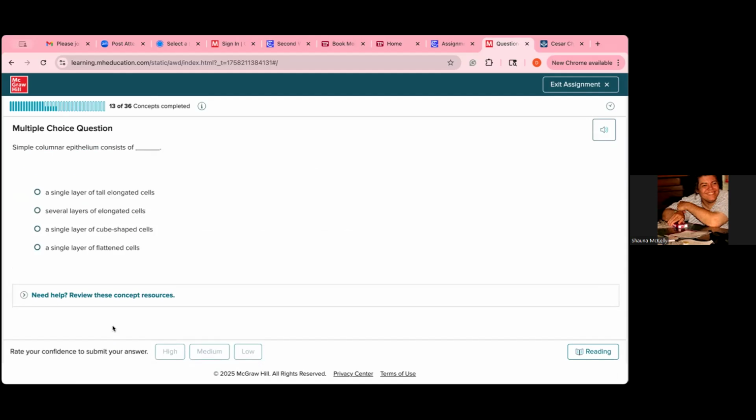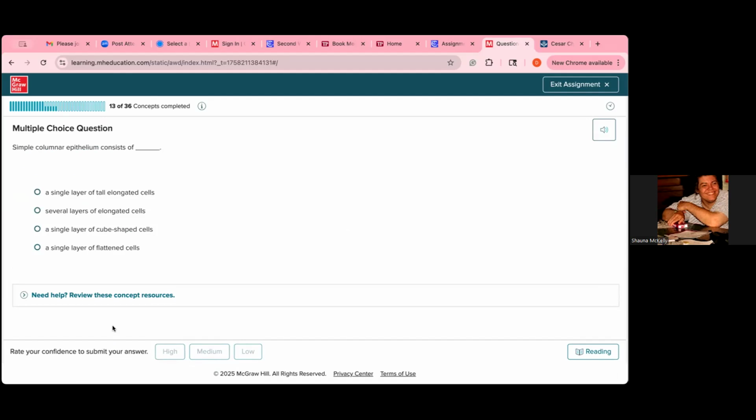Okay. Simple columnar epithelium. Which of these are true about simple columnar epithelium? Well, they're a single layer of tall elongated cells, because simple means a single layer, right? And they're like a column, like that tall stack, like a building or like a ladder.